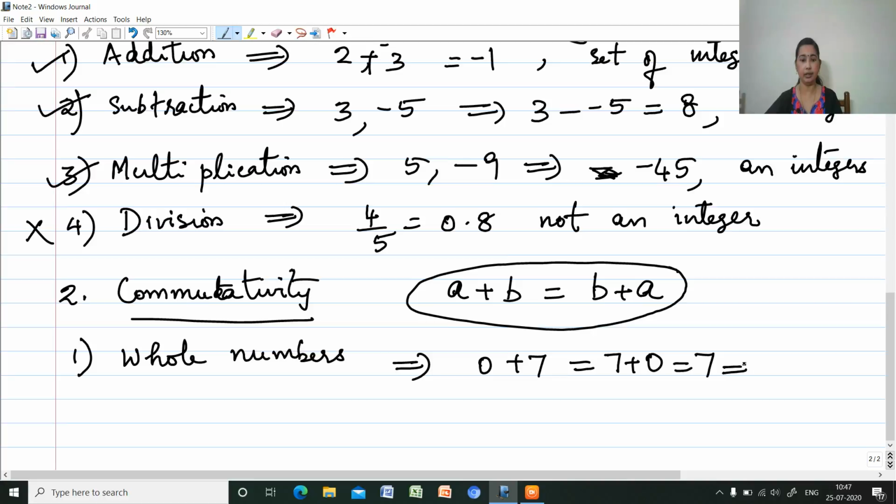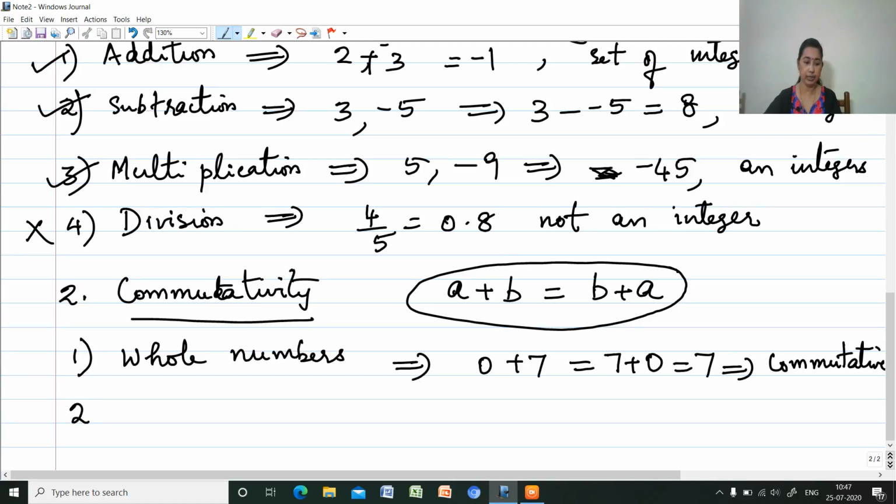That means addition is commutative. If I'm adding in the order A plus B and reversing the order as B plus A, you will get the same answer. That's called commutativity. So in the case of whole numbers, addition is commutative.